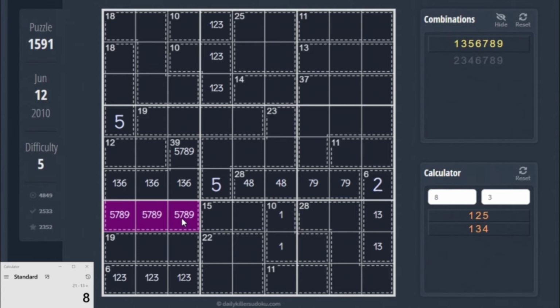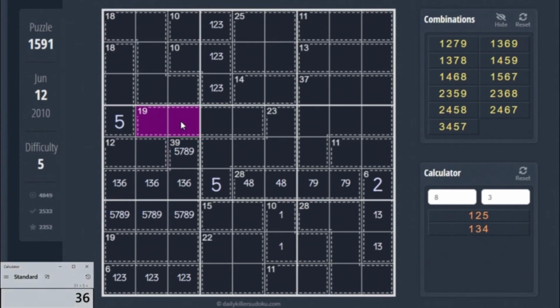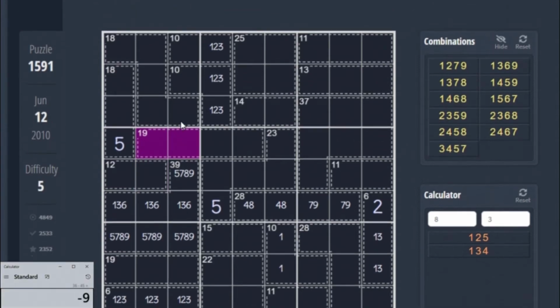And then these three cells, this cell is going to be 19, and plus 12 plus 5, 19 plus 12 plus 5 is 36, and the whole section is 45, so this section is 9, right?